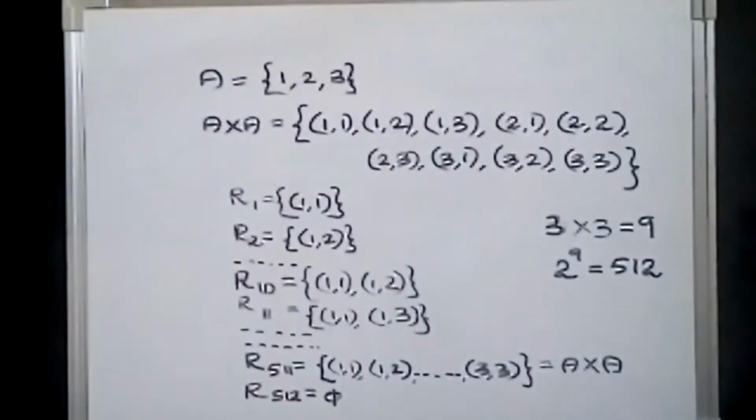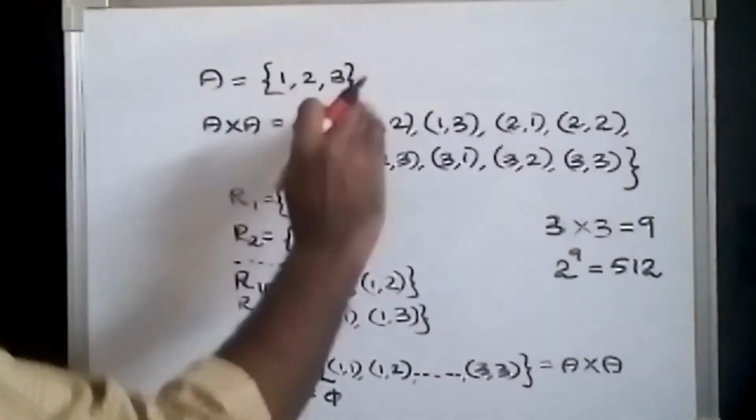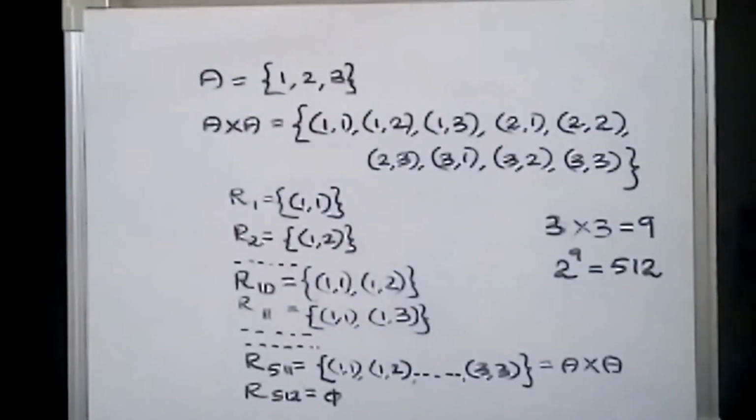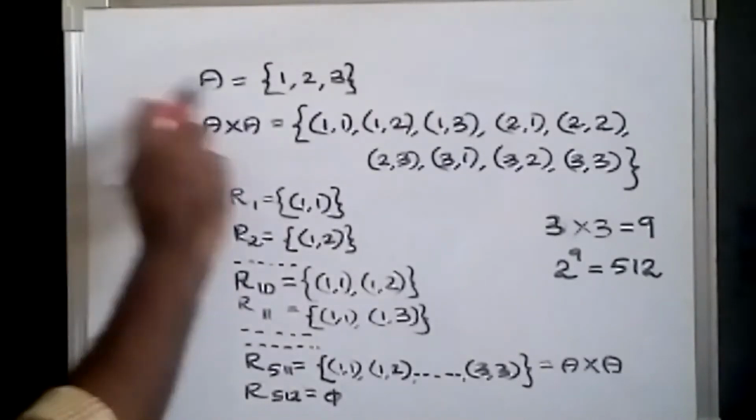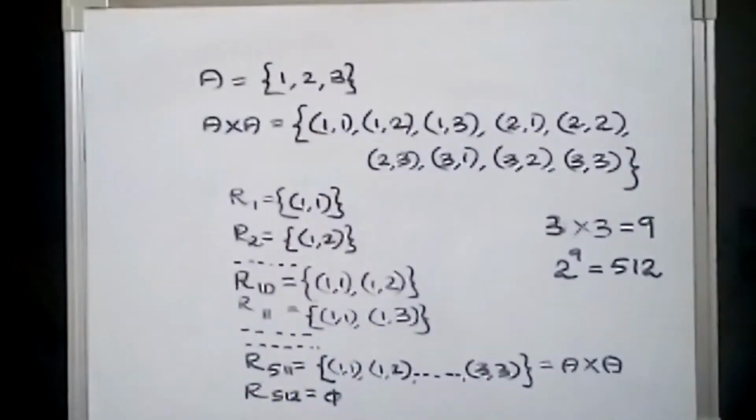Now, let us consider a set A equal to set {1, 2, 3}. We have to define a relation in the set A. We have already studied last year that a relation in the set A is a relation from the set A to A itself.